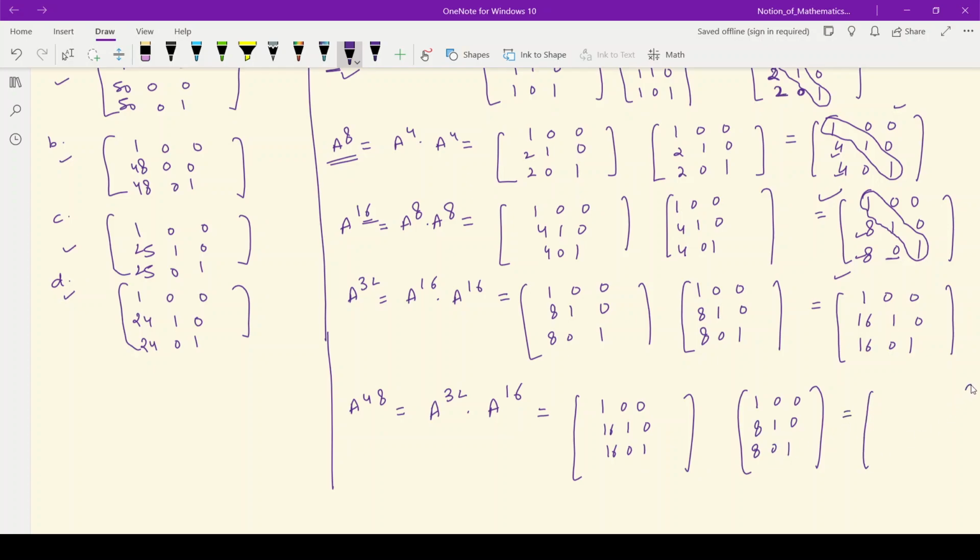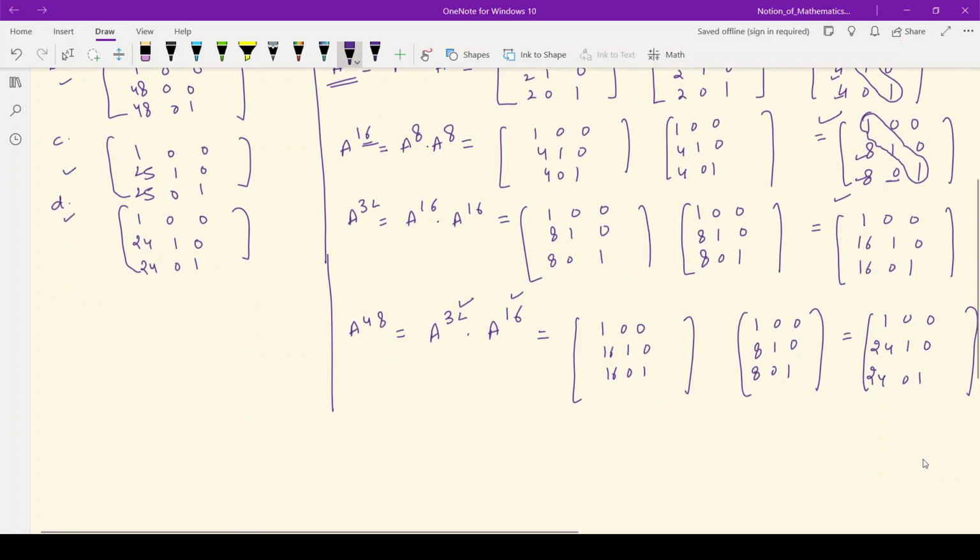The result of these two matrices, A to the power 32 and A to the power 16, will be 1 0 0, 24 1 0, and 24 0 1.